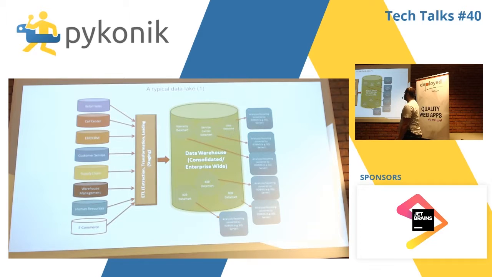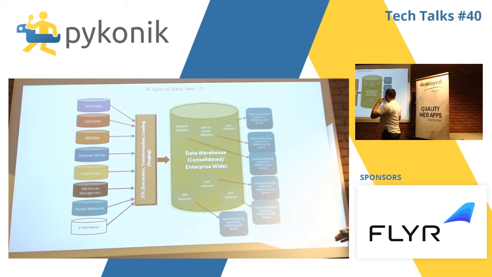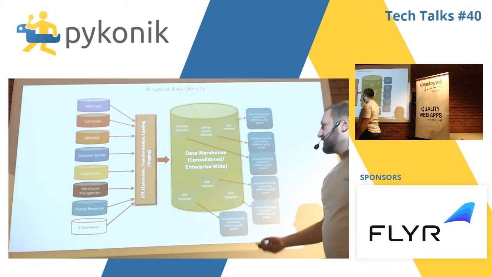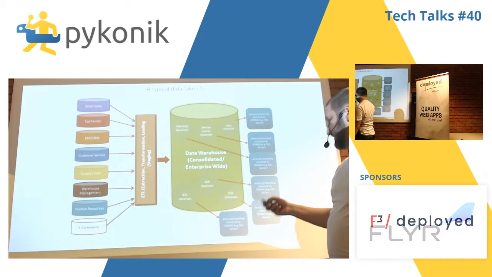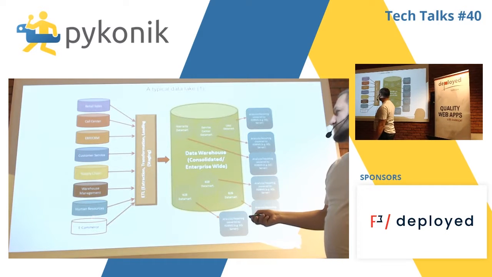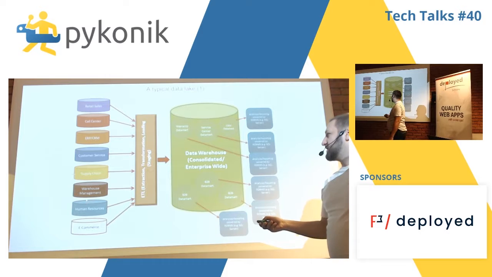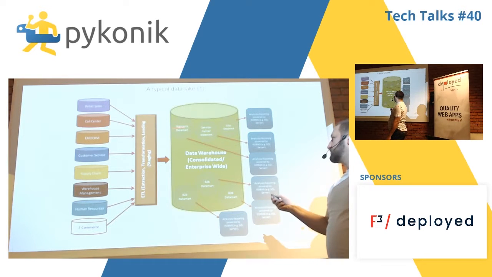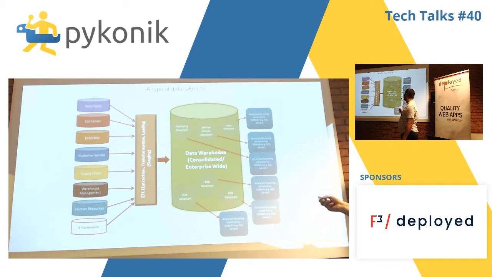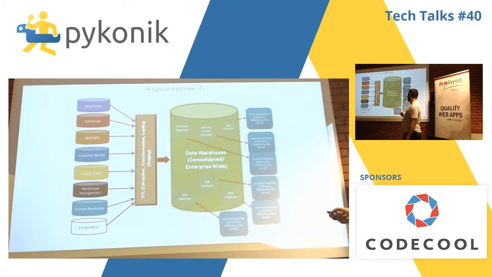Maybe at first I'll explain the problem that business has. We have a lot of different data stores or data sources that need to be transformed into a data warehouse, where it's consolidated for the enterprise and divided into different data marts.